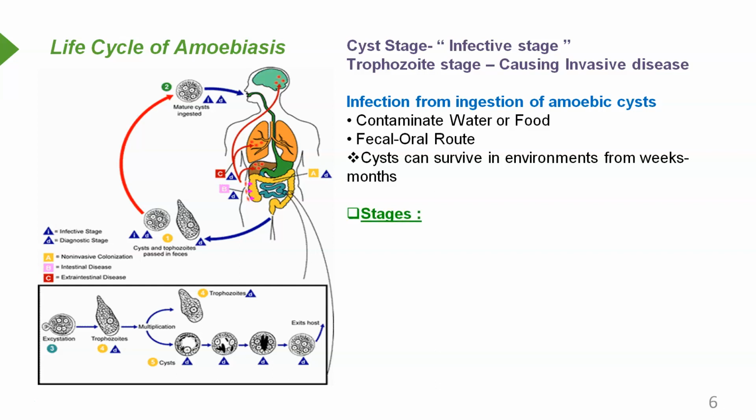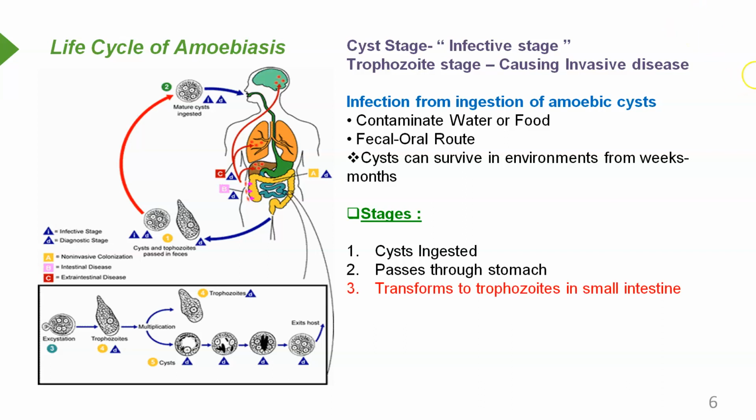There are several stages of this life cycle. First, the cysts will be ingested by the human beings from the environment. Now it passes through the stomach, then transforms to trophozoites in small intestine where it becomes invasive.